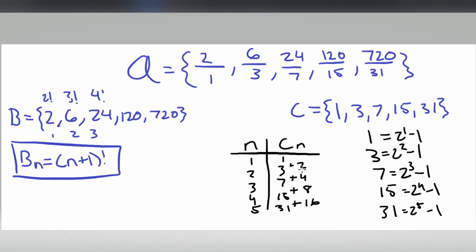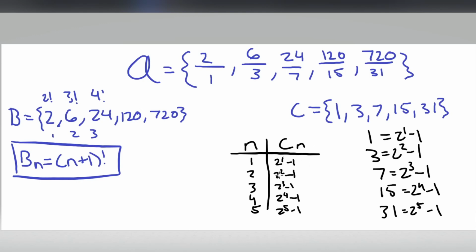So if we rewrite all these numbers as their equivalent, we can see how we can add an n to all of these. So 1 is 2 to the first minus 1, 3 is 2 to the second minus 1, 2 to the third minus 1, this is 2 to the fourth minus 1, this is 2 to the fifth minus 1.